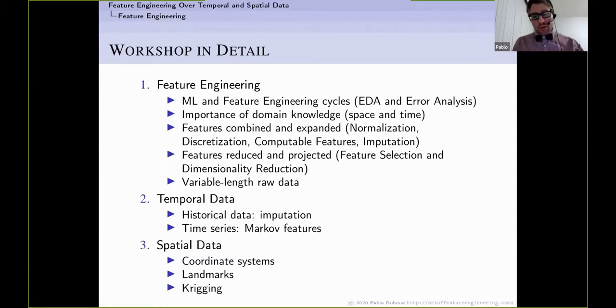Then we're going to see this little example on temporal data and on spatial data. So we're going to start with spatial data. In spatial data, we're going to see the techniques of using radial distance to landmarks. We're going to be using data from the trajectories of Nigerian cuckoos, which is very simple.